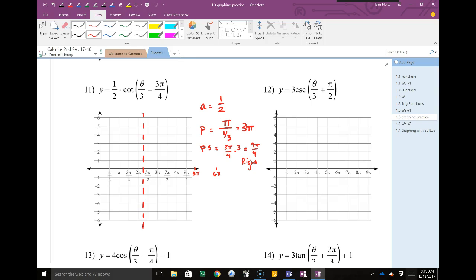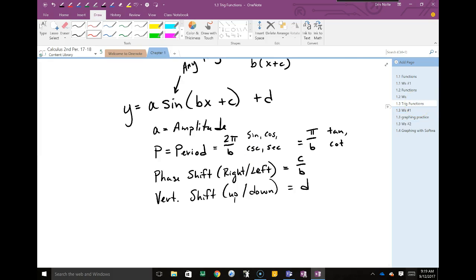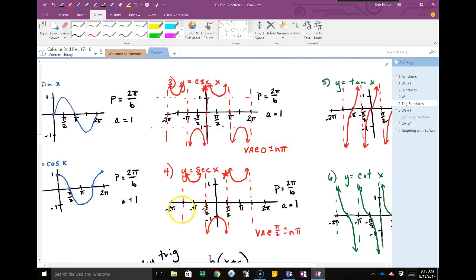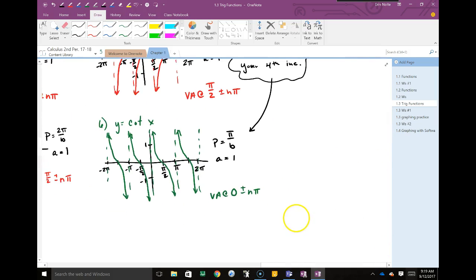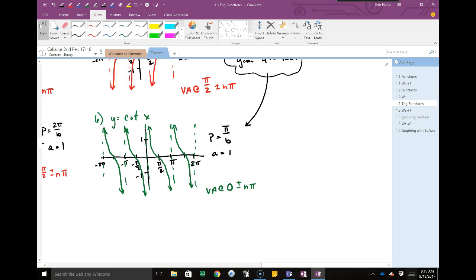Okay, let's do this. So let's go back to our parent function because we need to figure out where the next vertical asymptote is. So remember when I said that it's every 2 increments? Okay, so where is my cotangent? Okay, it's every 2 increments. So on this one, it was related to my period. So in this case, we said that the period would have been pi, right?